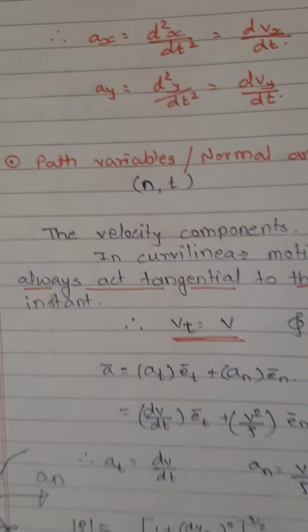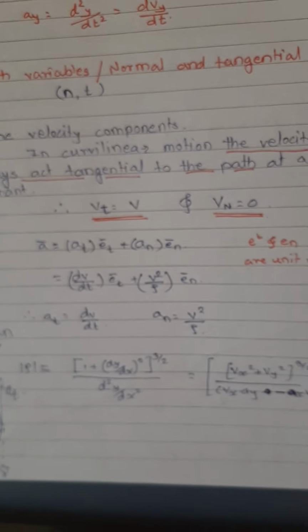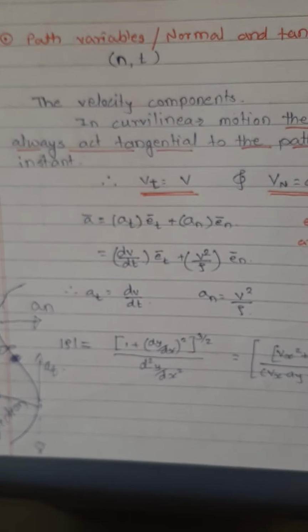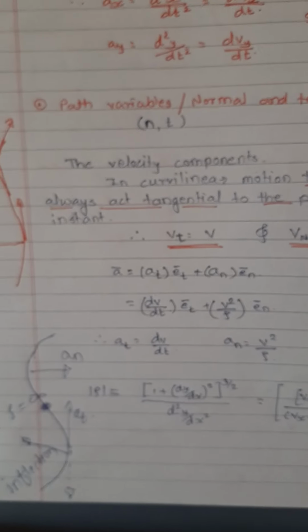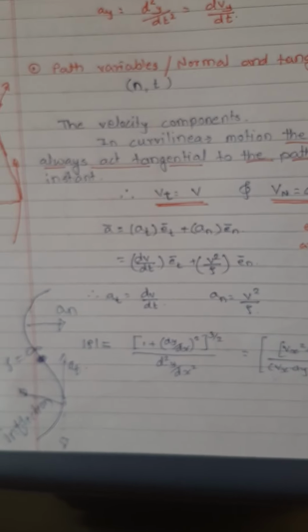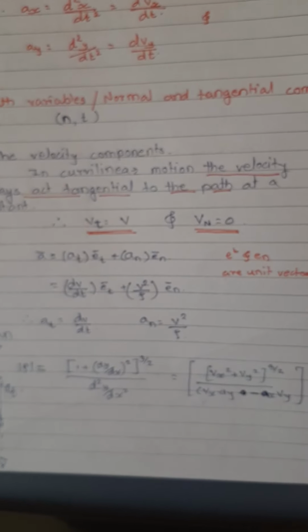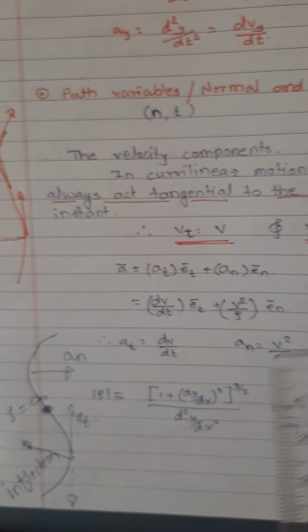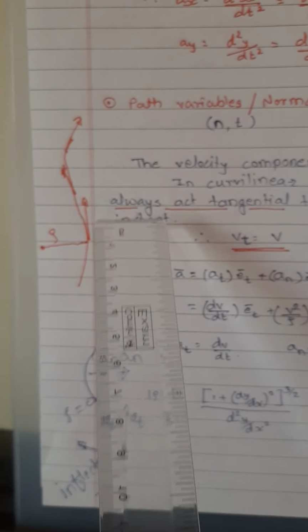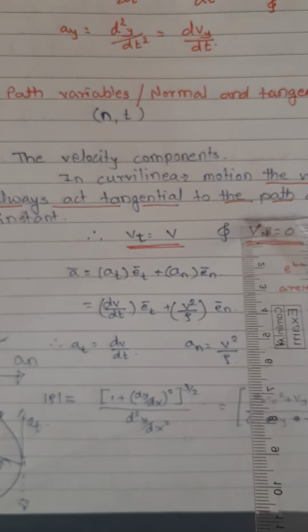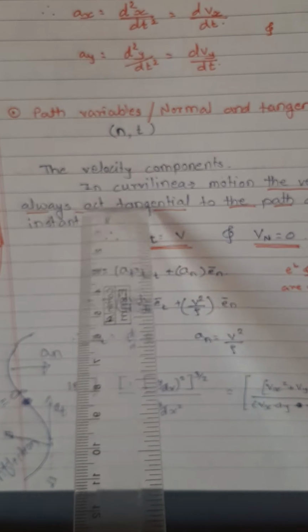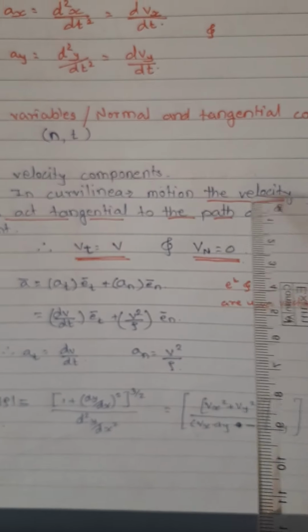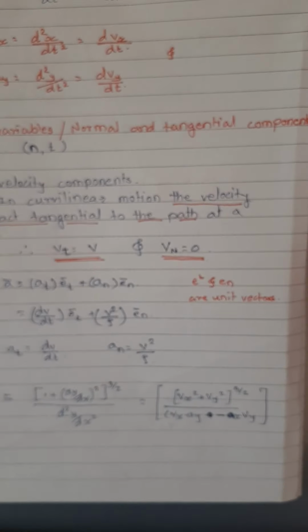Now if we further think of the second system, that is the normal and tangential system, or you can say if we try to express it in the form of path variables, then we have to note that the velocity components in curvilinear motion, the velocity always acts tangential to the path at any instant of time.